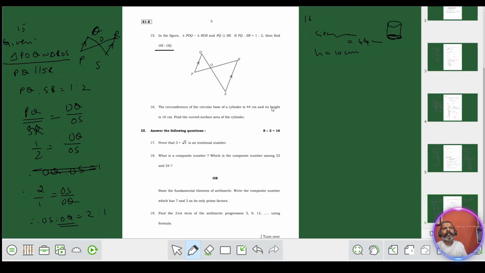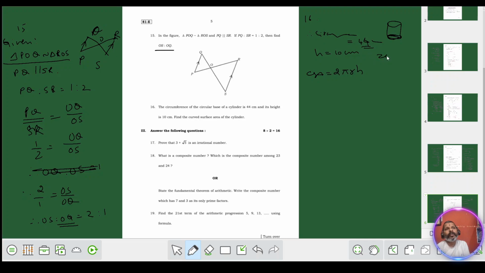For CSA, what is the formula? You should know that. It comes in mensuration, or in this case, surface area and volumes. CSA is nothing but 2 pi rh. Since circumference is given, what do you mean by circumference?